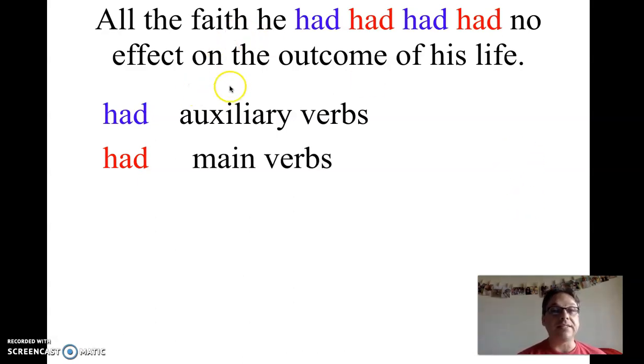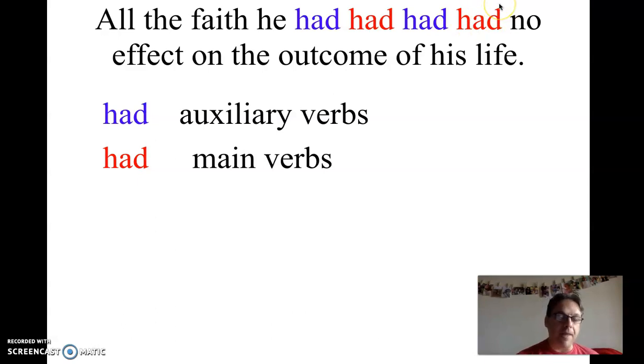If you look at this sentence, we would have to identify the verb, right? What did he do? What is the verb for the subject here? Well, it's this one, right? To have, or the past tense, had. And there are two, right? Two red ones.